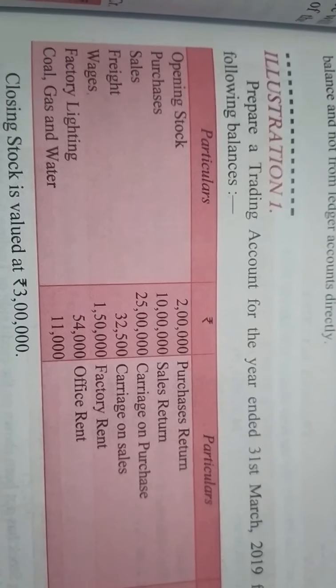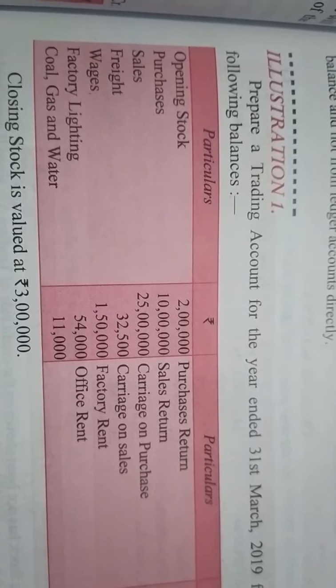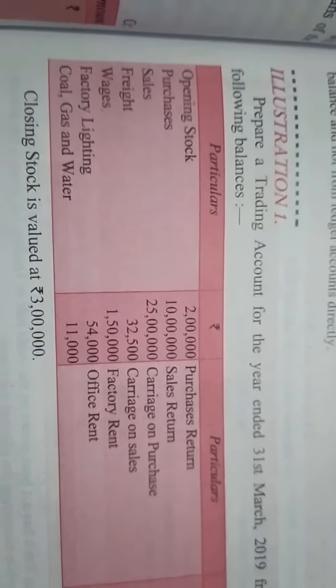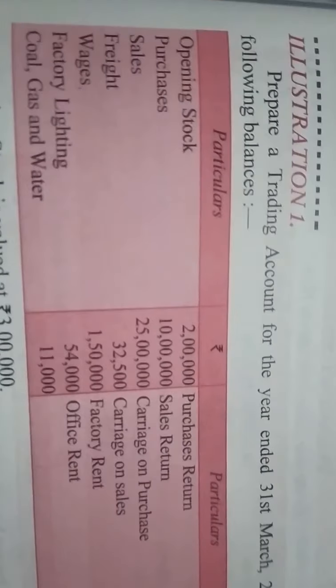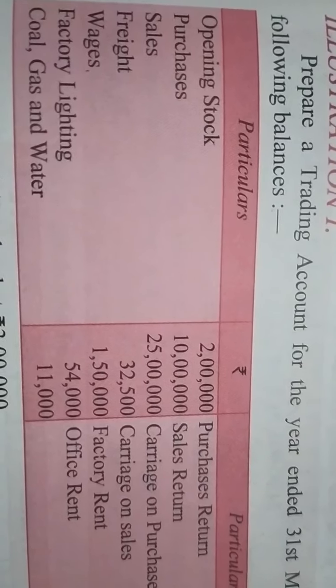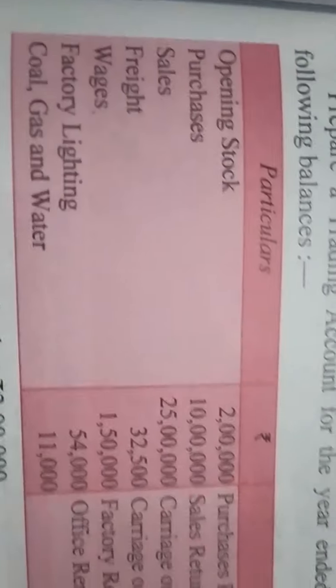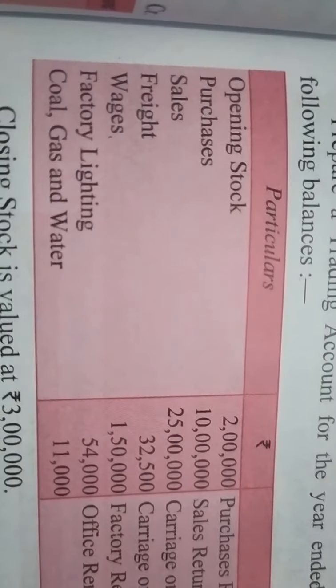Sales is shown on the credit side, already told to you, and from sales, when we deduct the sales return figure, then we get the net sales, and the same net sales is posted on the credit side of the trading account. Sales is the opposite of purchases. If purchase is shown on the debit side, then where will the sales be shown? On the credit side. The same thing I explained to you earlier also.